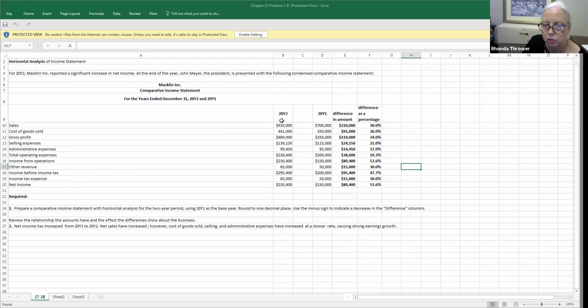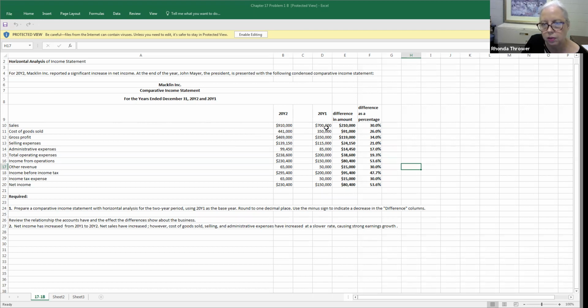In this case, we've got the time period for year one and a time period for year two. What you're going to be doing in horizontal analysis is analyzing each part of the income statement to determine whether there was a difference from the beginning of the period to the end of the period.